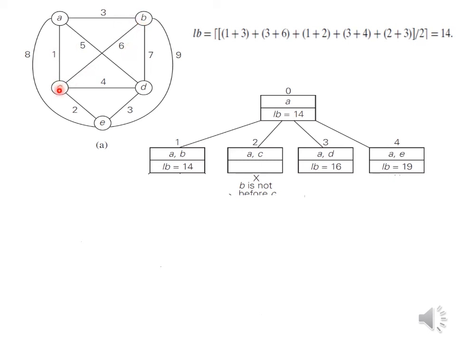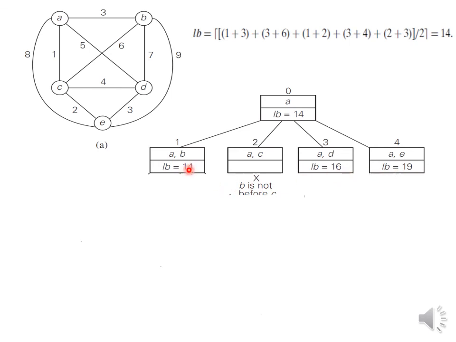For C it is 1 plus 2. For D 3 plus 4. For E it is 8 plus 2. 8 needs to be selected mandatorily. From the remaining 3, that is 2, 3, 9, we need to select the minimum. So 8 plus 2. Sum it up together, divide by 2. The value is 19. So these are the 3 nodes we need to explore in the next level.